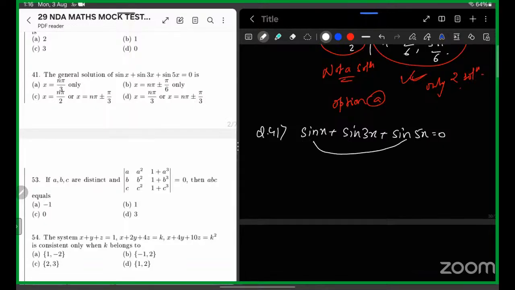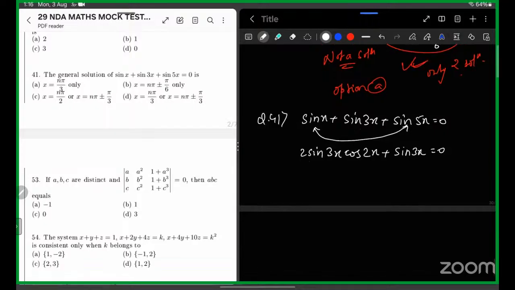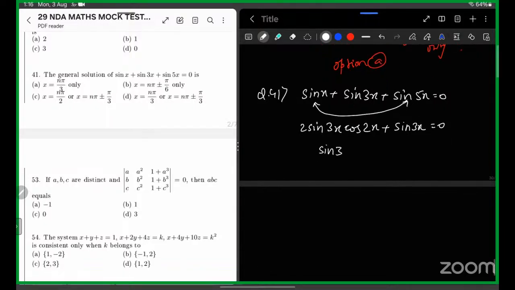Taking the sin C plus sin D formula between these two, you can write 2 sine C plus D by 2, that is 3x, into cos. Sine 3x common.